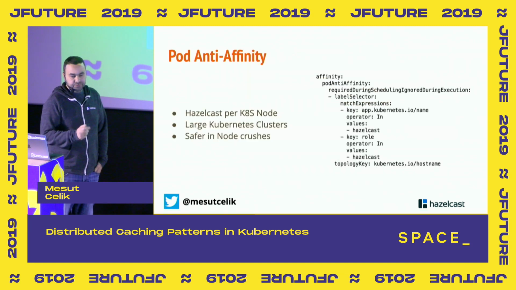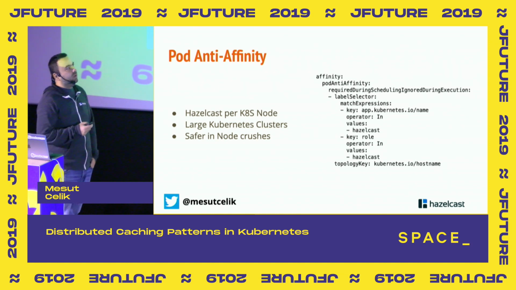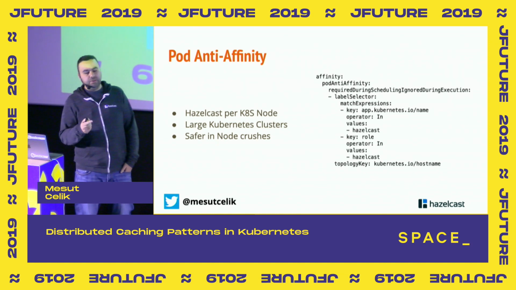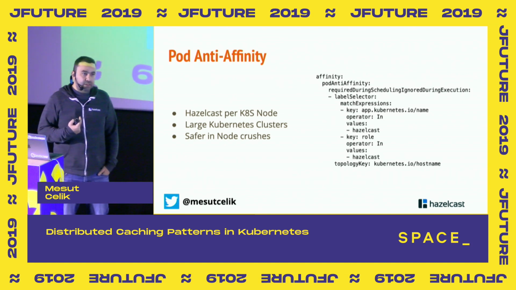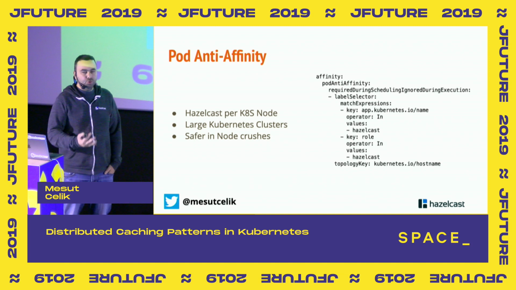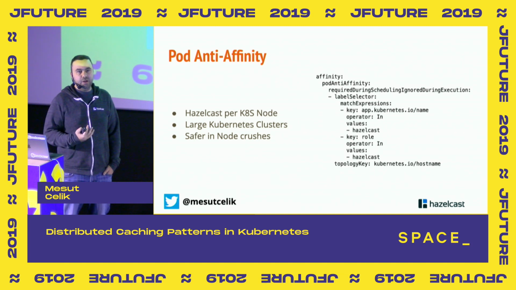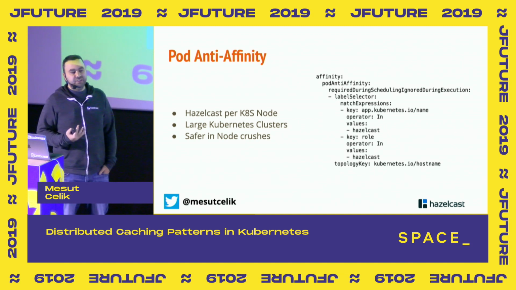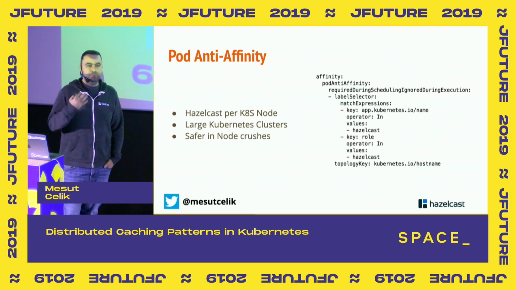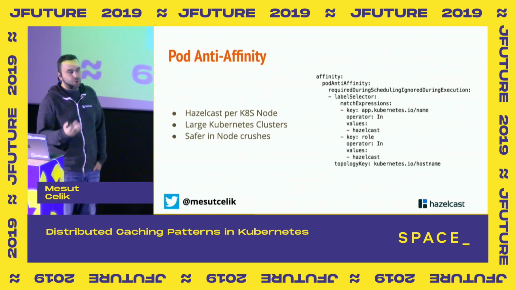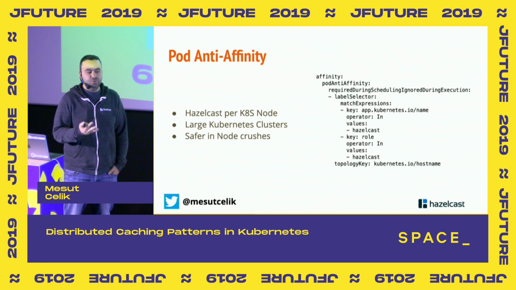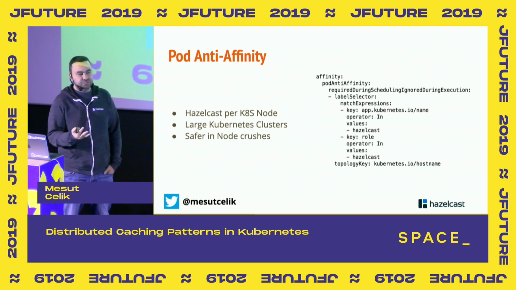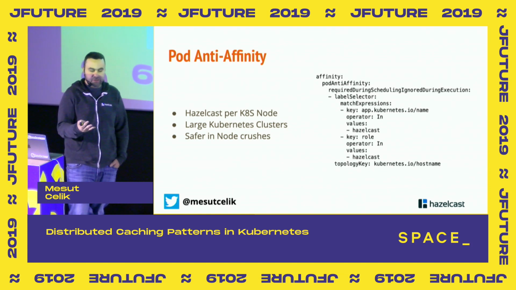So that's one thing. The other thing is pod anti-affinity. That's an interesting one. Normally in pod placement in Kubernetes environment, Kubernetes scheduler can easily place two of your pods in the same Kubernetes node, in the same Kubernetes infrastructure, VM or bare metal.